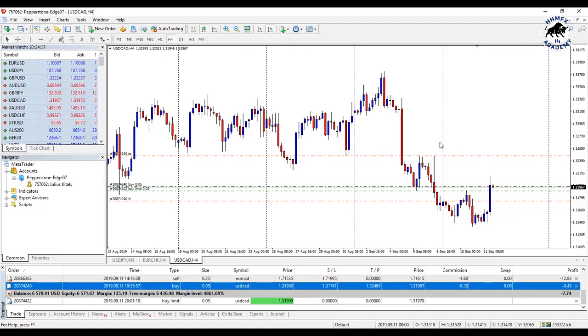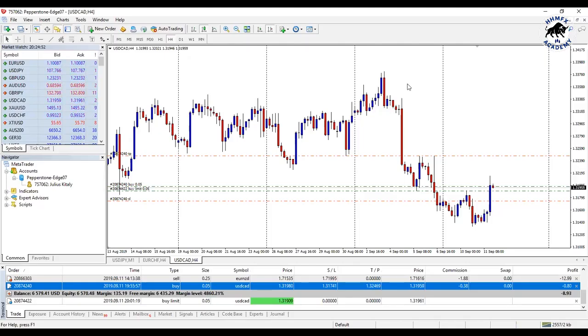from the peak to the trough, or from the trough to the peak, heading where the market is going. You see, guys?